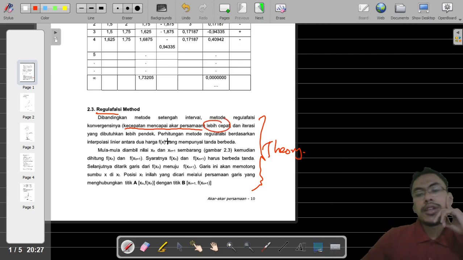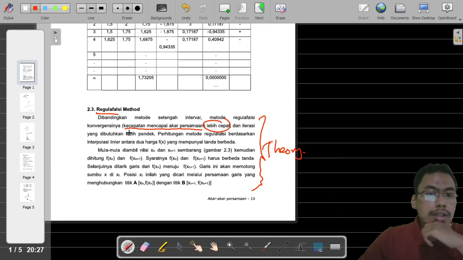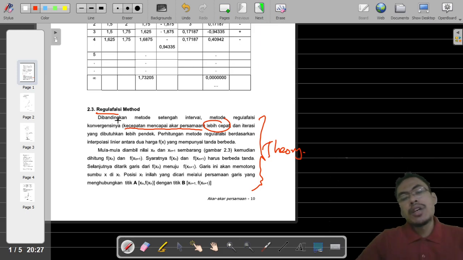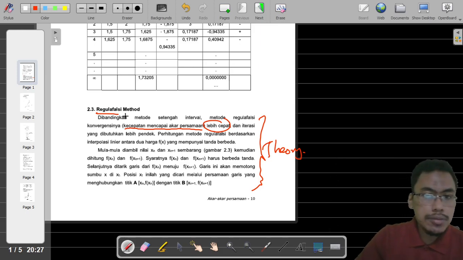If we compare with the bisection method, as we know, bisection needs a lot of energy and takes time, but by using regula falsi, the time that we need can be shorter, so we can get the solution of the root of the equation faster.